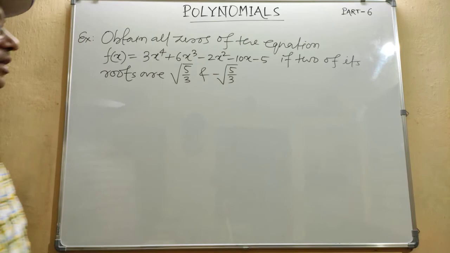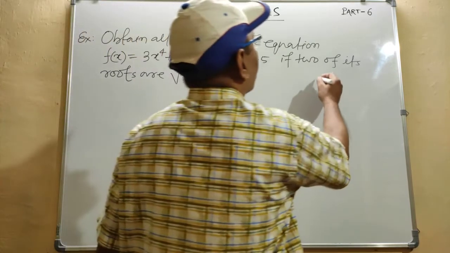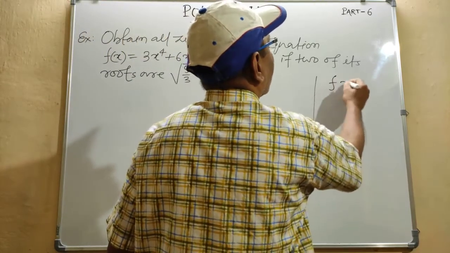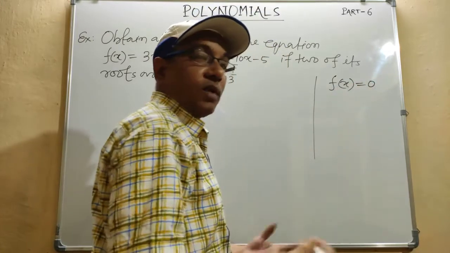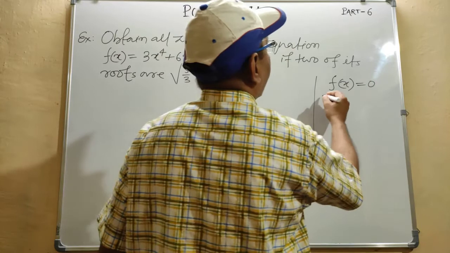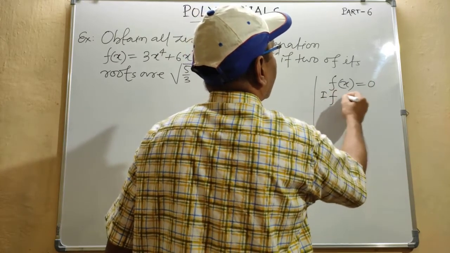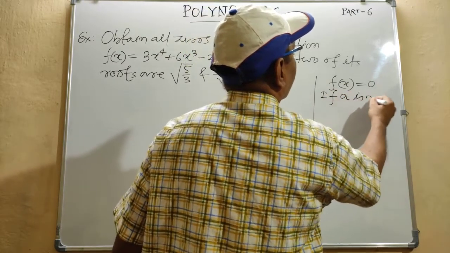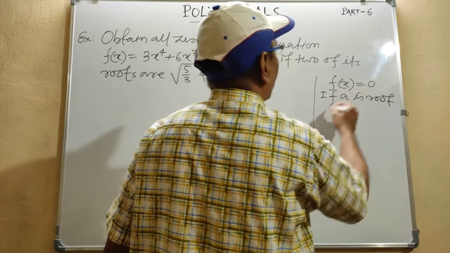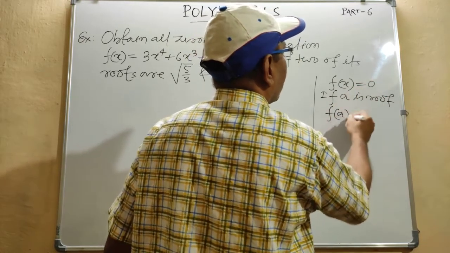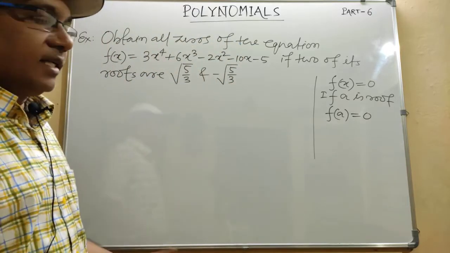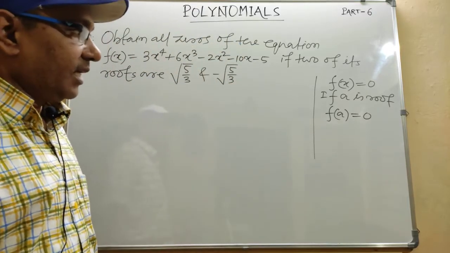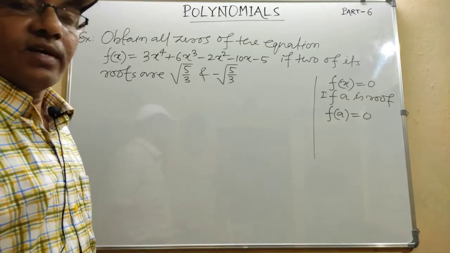You must know, if f(x) is a polynomial and f(x) = 0 is a polynomial equation, and a is its root, then f(a) will give you 0. If a is a root, then in place of x if we write a, it will give the value 0.